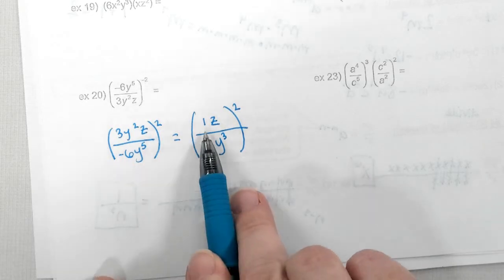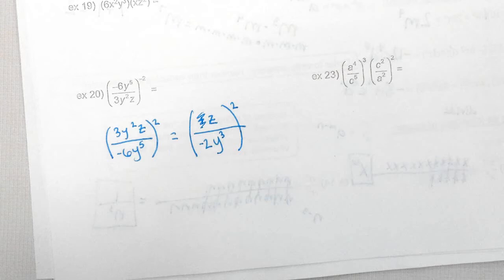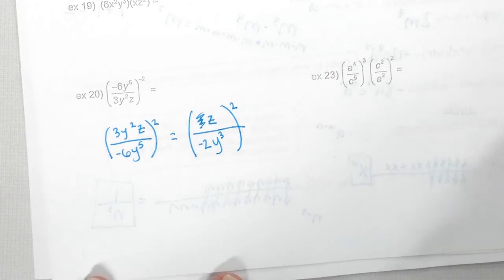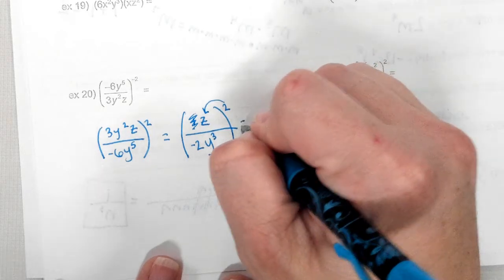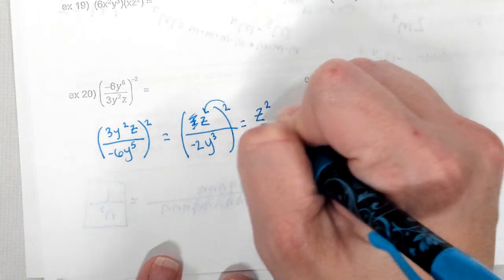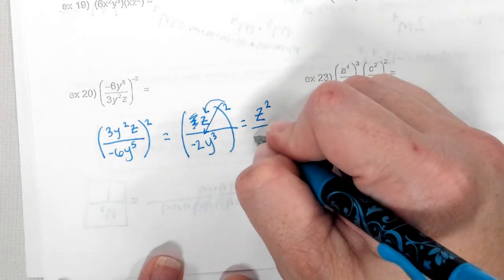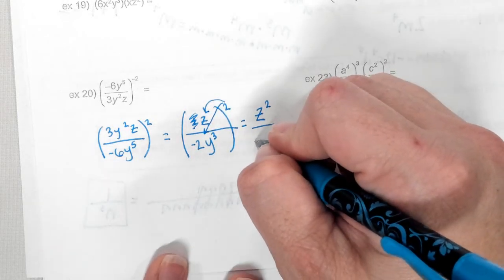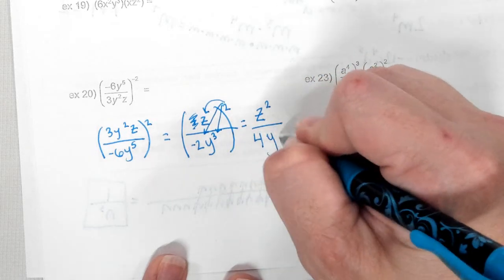Do I have to have this 1 in front of my z? No. So I'm going to cancel it. And I'm going to give this squared to everything that's left. So I get z squared. What's negative 2 squared? Not negative 4. Positive 4. And then 2 times 3, 6.